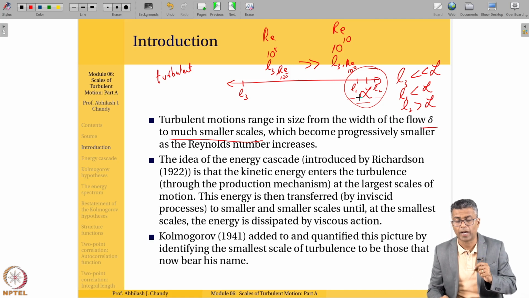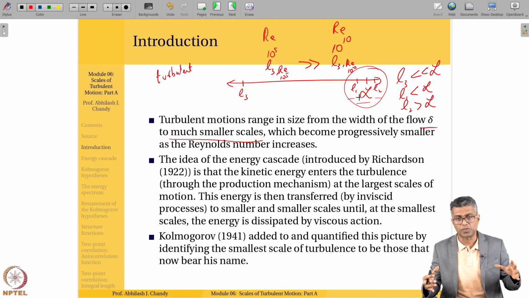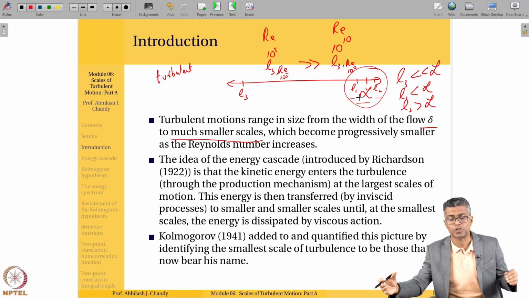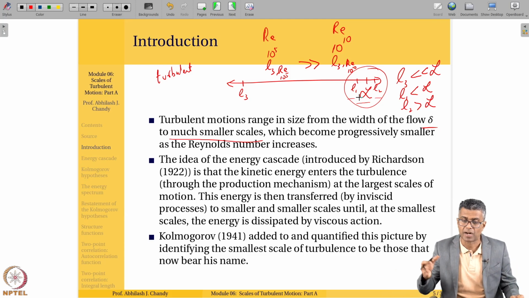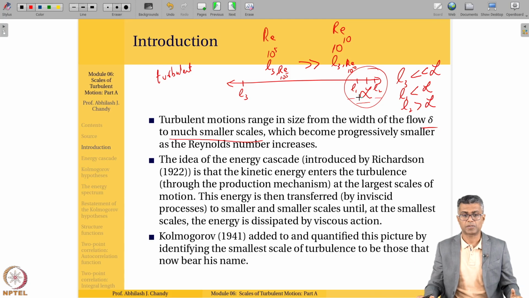And as a result, what happens? The energy gets transferred from the large scales to small scales, which break up into further smaller scales. And the energy keeps transferring from the large scales to the smaller scales. This is called the energy cascade.